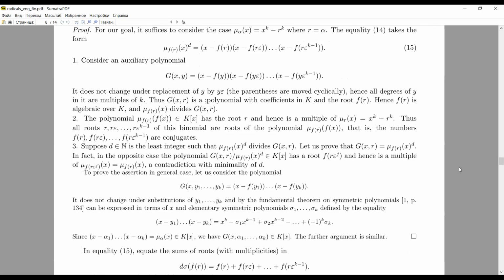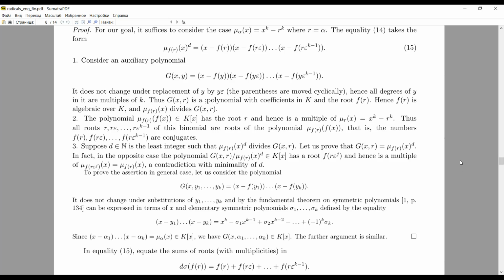Indeed, in the opposite case, such a fraction is a polynomial over k, having a root f of r epsilon^j for some j, and therefore this fraction is divisible by the minimal polynomial of f of r.